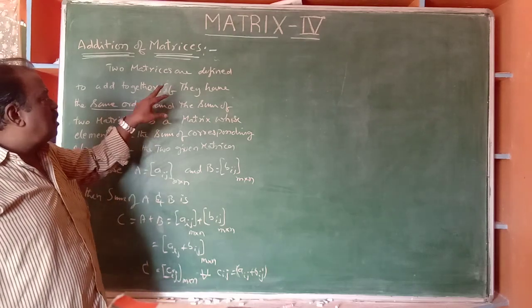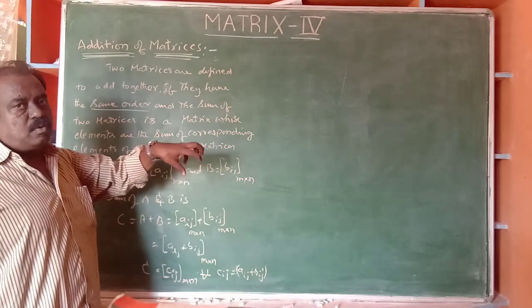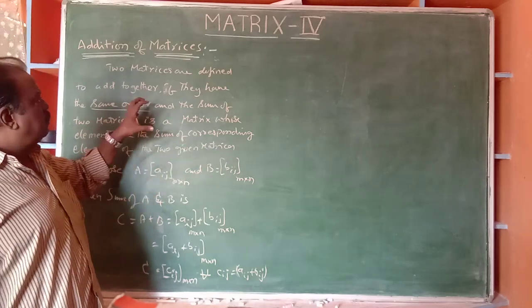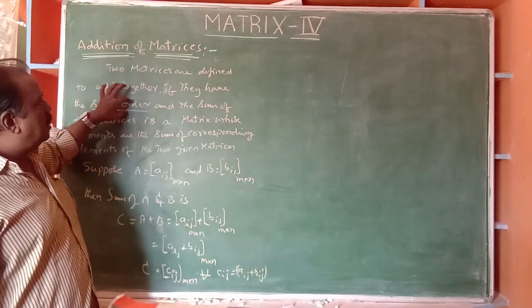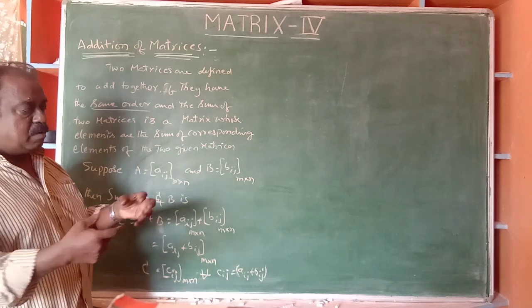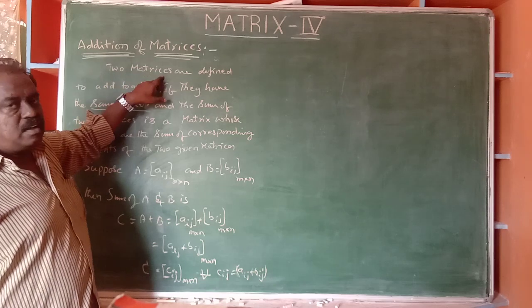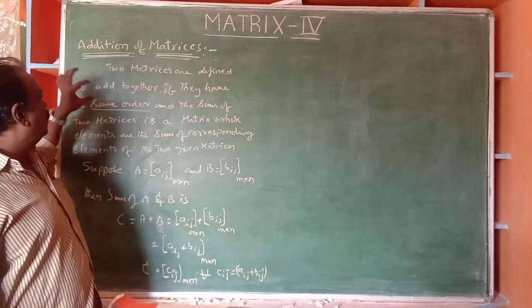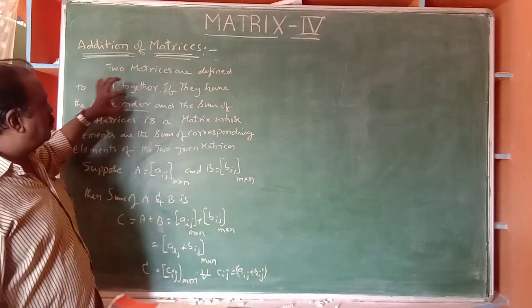If the matrices have the same order, meaning number of rows by number of columns, then only we can add them or sum them. So, two matrices are defined to add together if they have the same order.